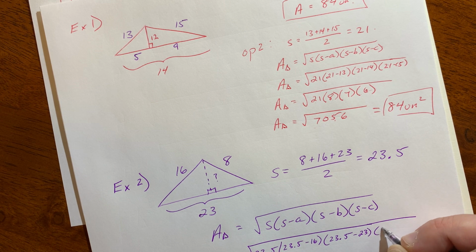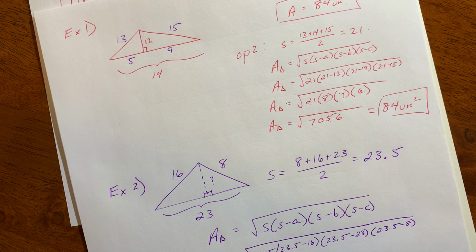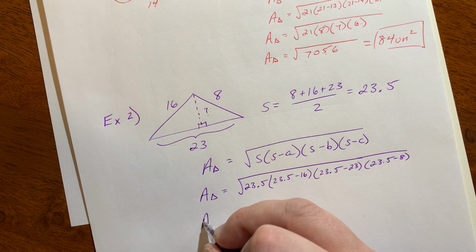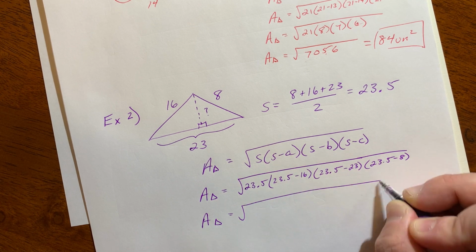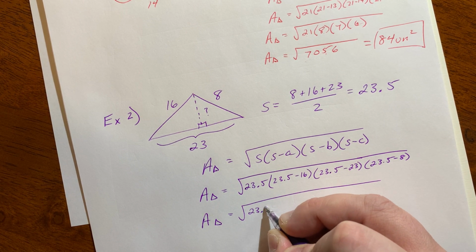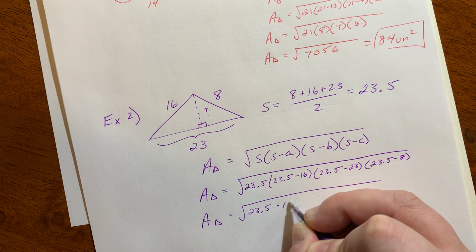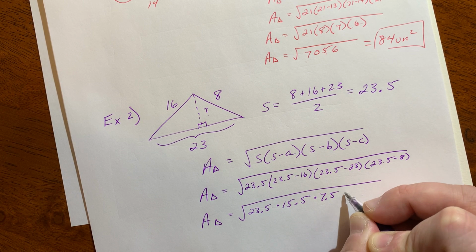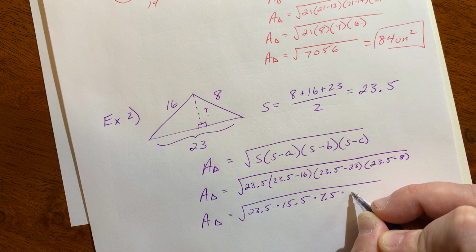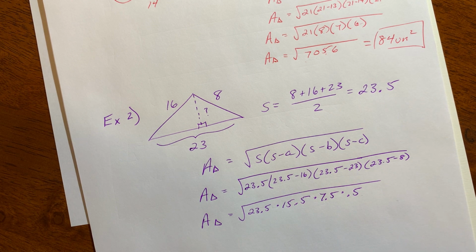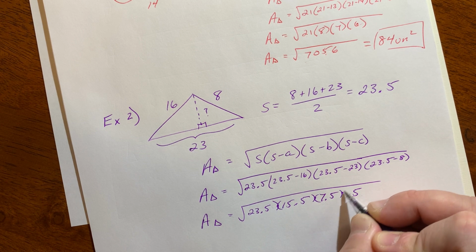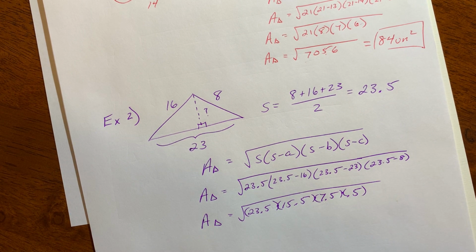And s minus c is 23.5 minus 8. Okay? Or in other words, the area of this triangle is equal to the square root of 23.5 times 15.5 times 7.5 times a half. We can also put these in parentheses if we want to make it look a little nicer.